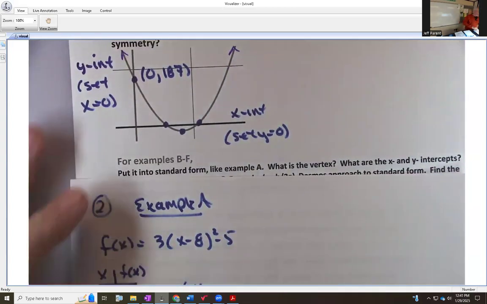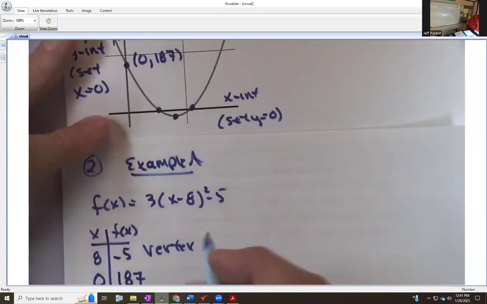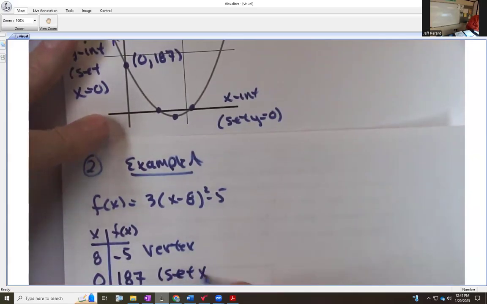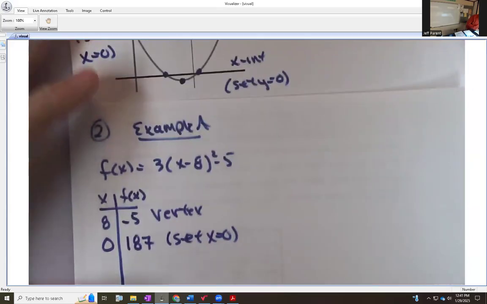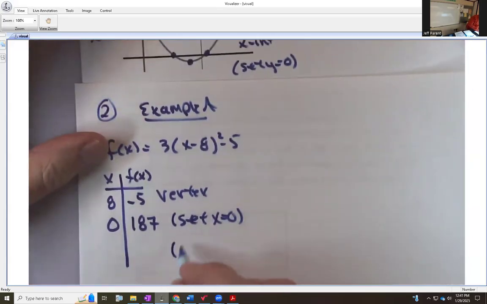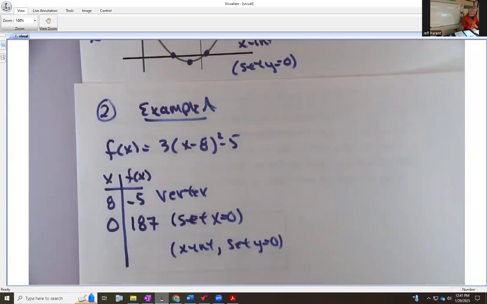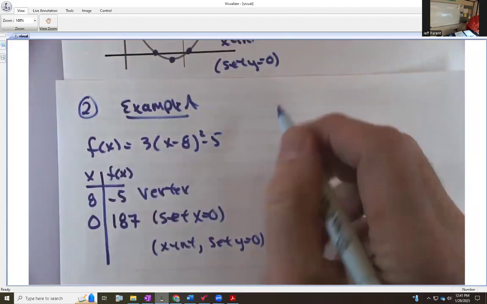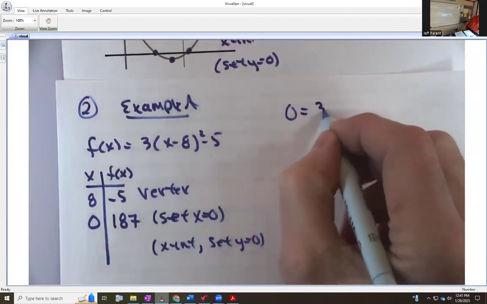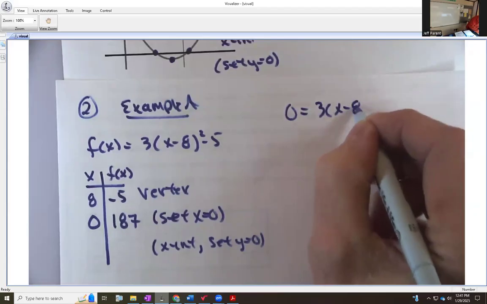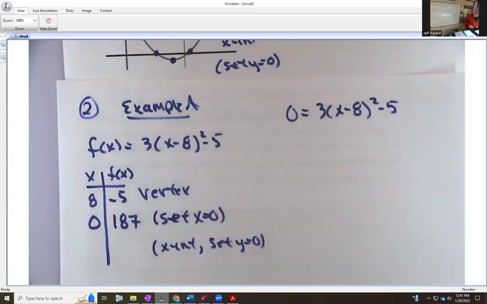Let's see, what else? Now we need the x-intercepts. To get the x-intercepts, I'm going to set y equal to 0, or in our case, f of x. That's going to be 0 equals 3 times (x minus 8) squared minus 5.